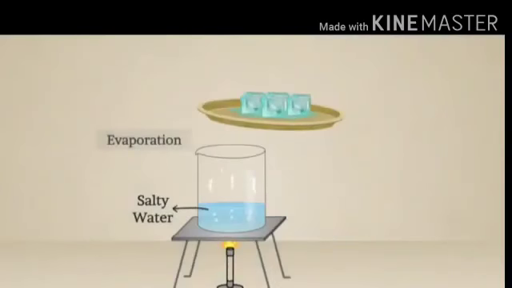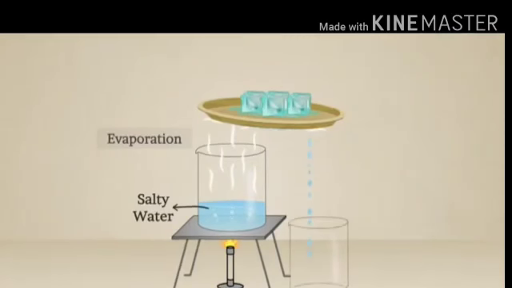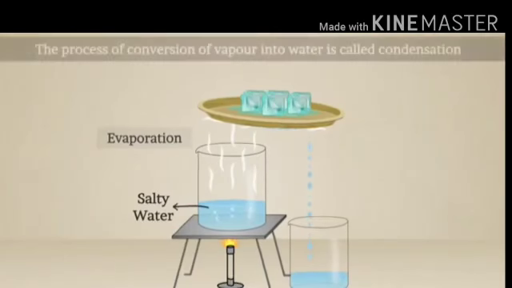If we want to collect the volatile component, then we should use the condensation process. Condensation is a process of converting water vapors into water on cooling.